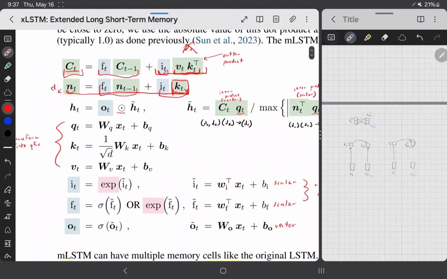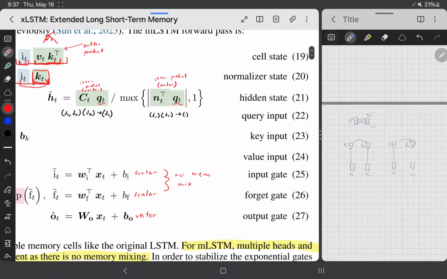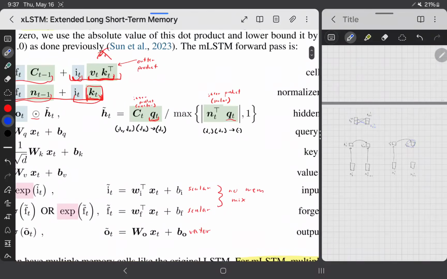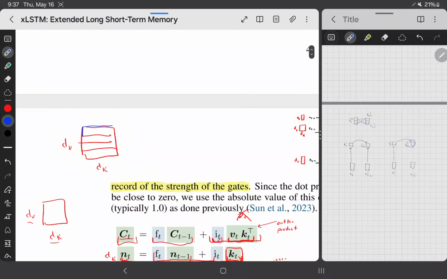So the output here is what they say: you have these queries which are extracting the values from the hidden state. So you basically have your hidden state here, which is composed of these vectors. So it's composed of dv vectors of dimension dk. And what you do is you multiply by q, so you do an inner product with q.